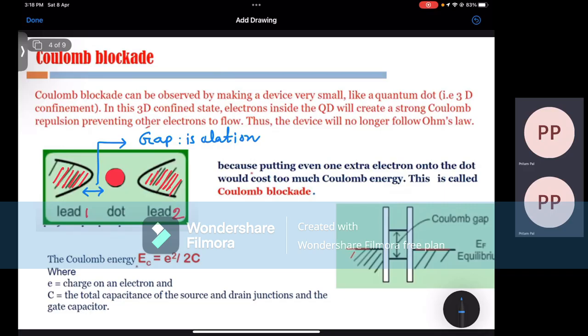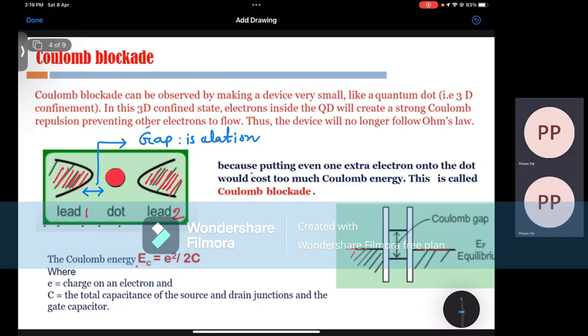Free space, as you know, has a dielectric constant of 1, which you can consider one of the isolations. So these metal leads are separated from this dot structure by this. Now this dot is very small, and because it's very small, the number of electrons placed in that dot is really very small, right?